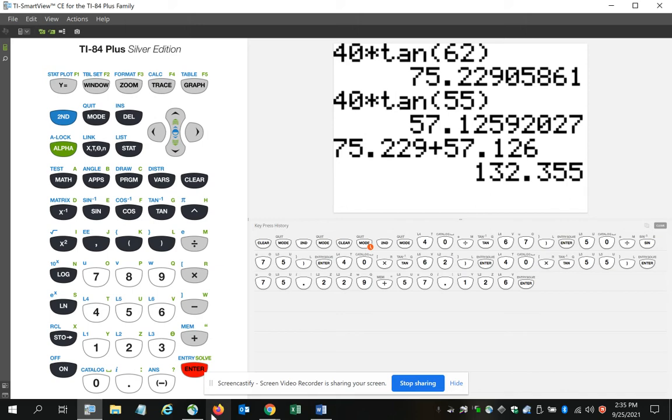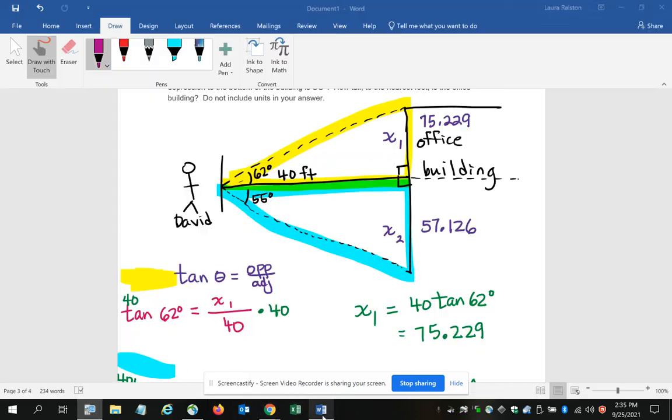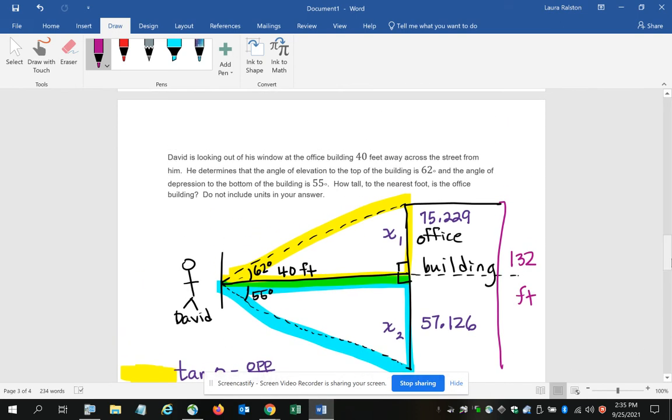When I round that to the nearest whole, that gives me 132 feet. So when we put those two together, from the top of the building to the bottom of the building, we get 132 feet. You don't have to type in the units, but that gives you the entire height of the building. So it's kind of like two problems in one.